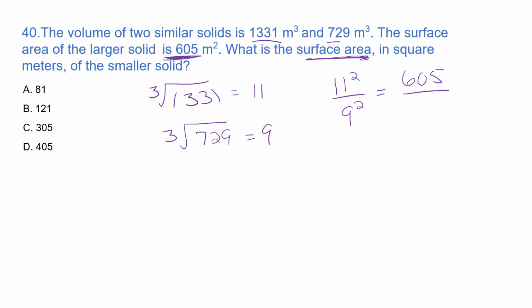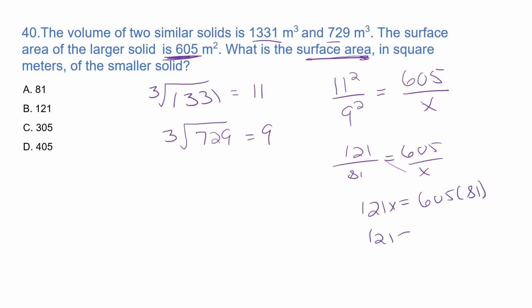And we want to find the surface area of the smaller one. We don't know what that is, and so we plug in x. So simplifying, I get 121 over 81 is equal to 605 over x. I'm going to cross multiply. 121x is equal to 605 times 81. 605 times 81 is 49,005.